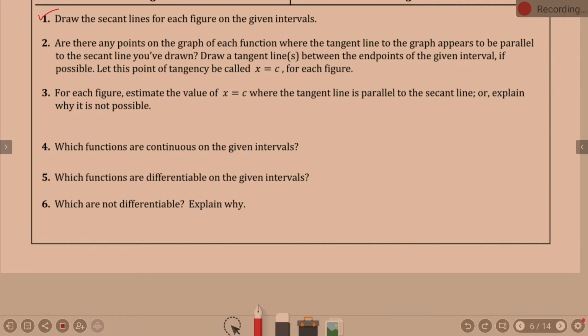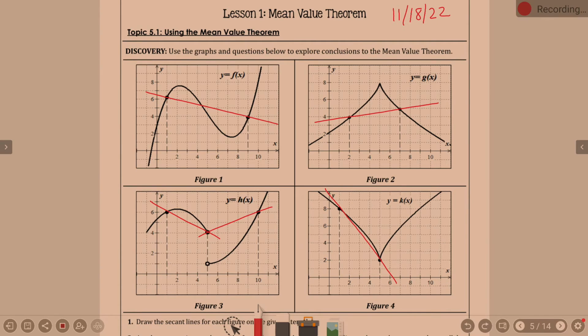Let this point of tangency be called x equals c for each figure. So, as we look at figure 1, is there a place I can draw a tangent line that is parallel to my secant line? So it's tangent to this graph at some point, then parallel to the given secant line.